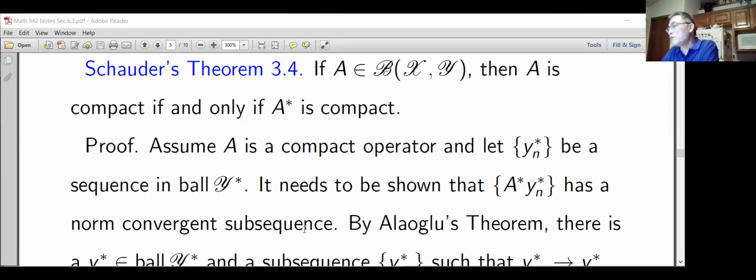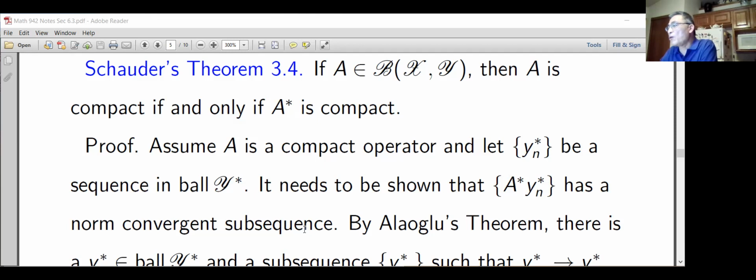It needs to be shown that A star Yn star has a norm convergent subsequence. Then if that can be proved, A star would be a compact operator.